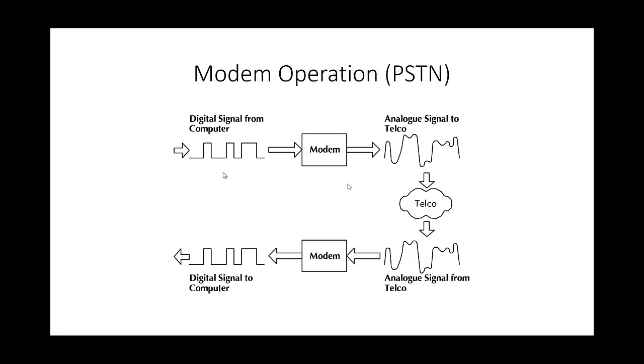This was particularly true for home users connecting their PCs to the internet via an internet service provider, or ISP, and for mobile workers connecting mobile computers to the office LAN. Data transfer rates are generally slow, typically around 33 to 56 kilobits per second. This technology has largely been superseded by ADSL and cable modem connections.